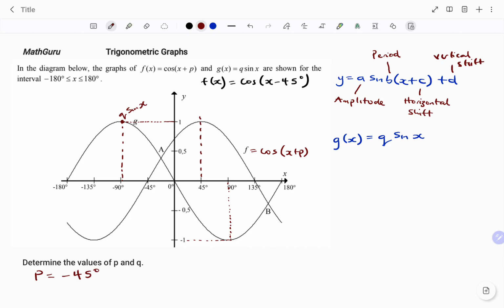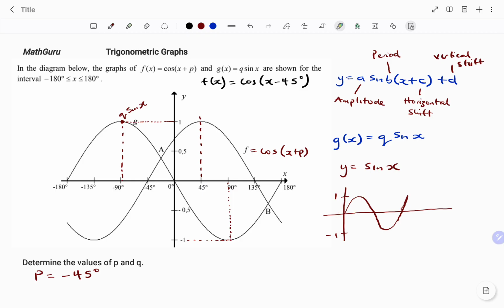my graph hasn't been reflected about the x-axis, and that will be me going back to my standard sine graph of y equals sine of x. If I draw the graph of y equals sine of x, that's the amplitude of 1 to negative 1, my graph goes in this format such that you can see that my graph is increasing from 0 to the right.